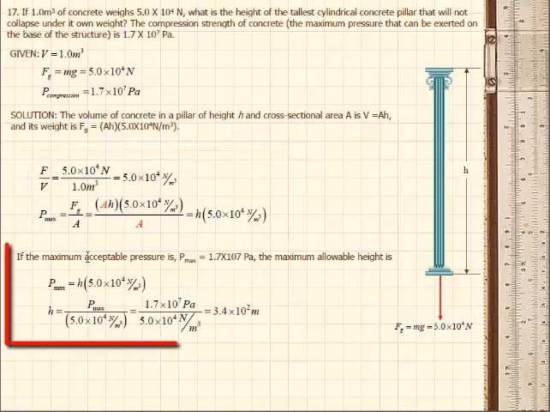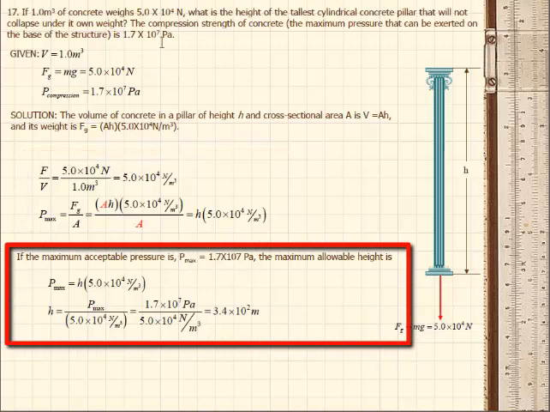So if the maximum acceptable pressure that was given to us in the problem is 1.7 times 10 to the 7th Pascal, the maximum allowable height is given to us by moving these values around. So the maximum pressure is equal to the height times that 5 times 10 to the 4th newtons per cubic meter. Moving the terms around, there's that maximum pressure, 1.7 times 10 to the 7th.